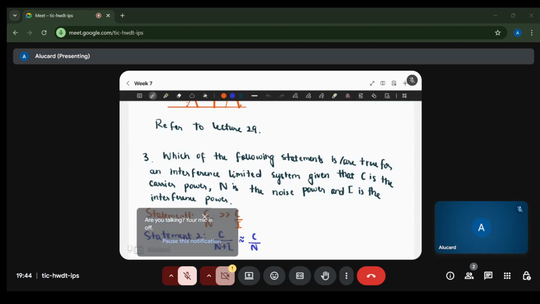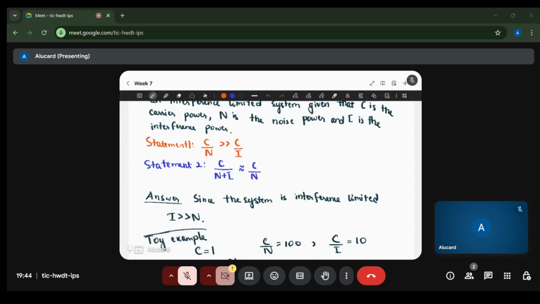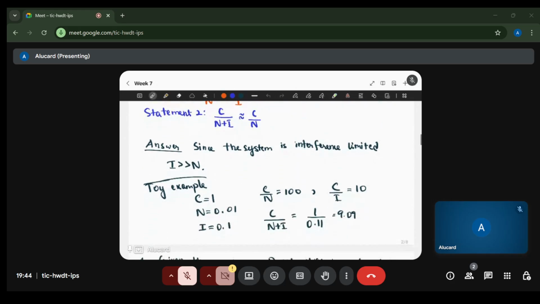Okay, the solution to question number 3. Since the system is interference limited, I is much greater than N. You can take an example. Suppose C is 1 and N is 0.01. I is much greater than N for interference limited, so I can take I as 0.1.